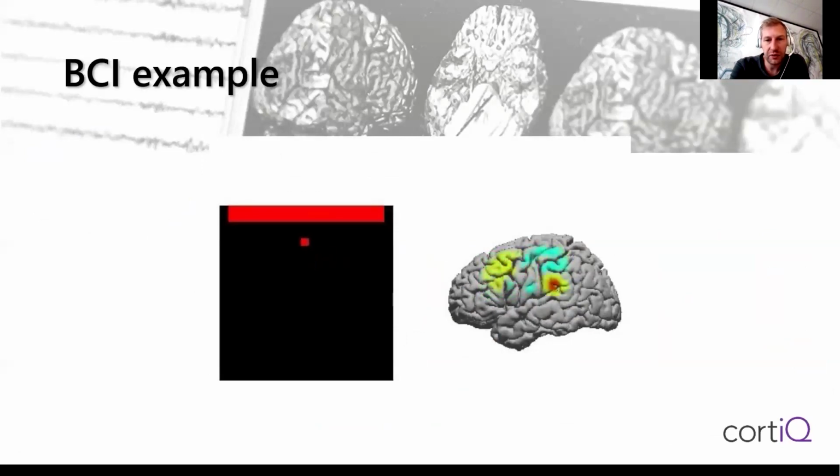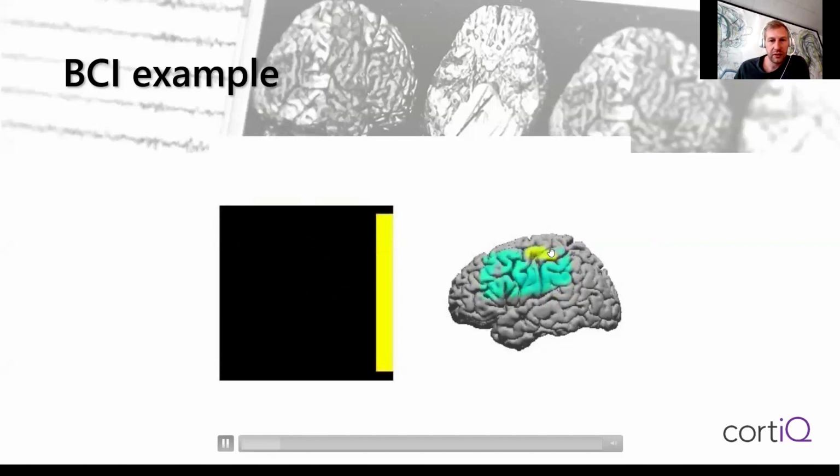So here is an example 18 years ago from the University of Washington, where you can see a two-dimensional cursor control. So the two dimensions are basically created by, in one direction, the hand motor sites on the hand motor cortex, and in the other direction the oral motor cortex.